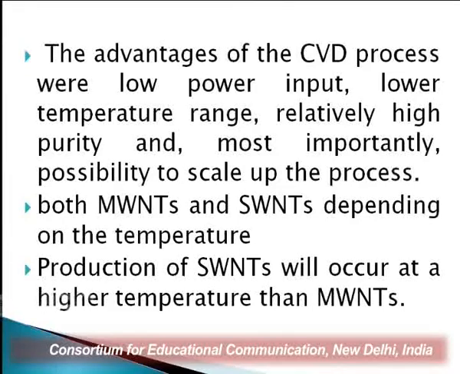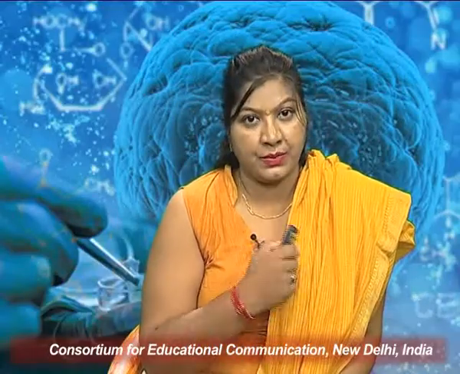Most importantly, we can scale up the process, which means we can prepare various sizes and lengths of carbon nanotubes by using this method as compared to the other methods. By changing the parameters, we can prepare carbon nanotubes of different lengths and sizes. It may be multi-wall carbon nanotubes or single-wall carbon nanotubes.